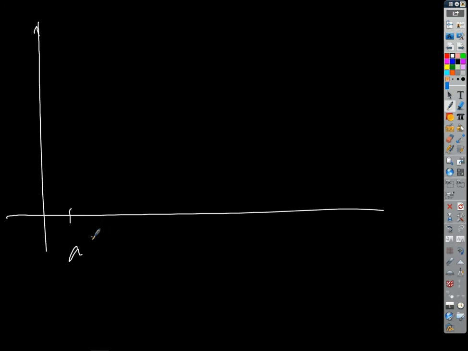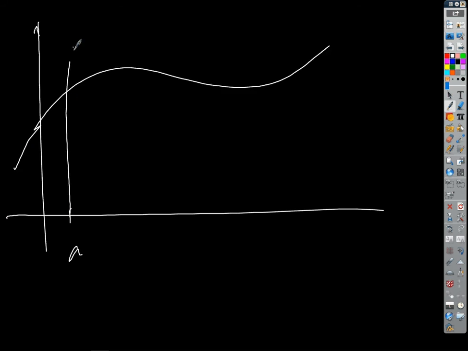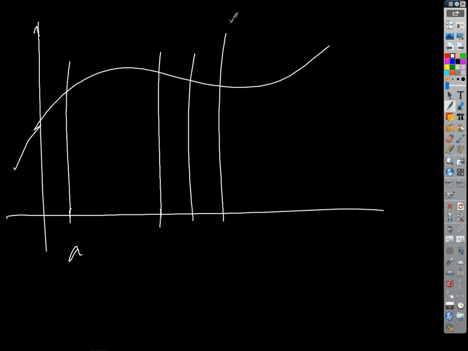Let's say this is A, and here's our curve. We'll take a couple of these in the middle. We'll look at our first one, and then our last one.